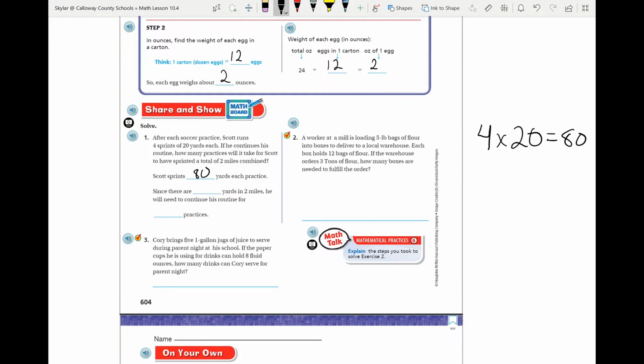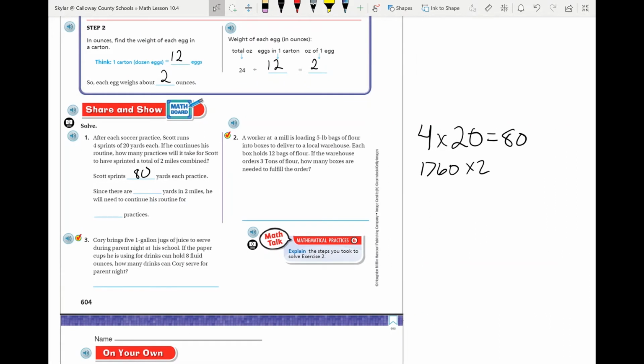So we can see our chart will tell us that there is 1,760 yards in a mile. So we just need to multiply that by 2 to find out how many there is in 2 miles. So if you do that, multiply that by 2, you will get 3,520.